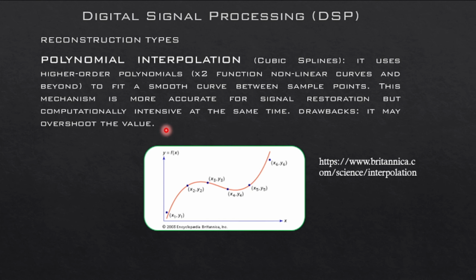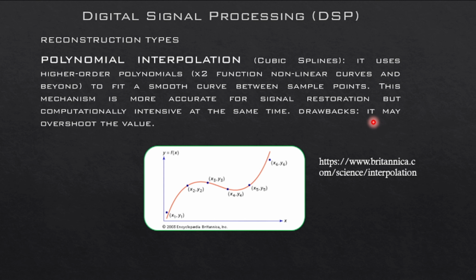Drawbacks: it may overshoot the value, meaning that when the curve is more bumpy than required, you might overshoot the original value in between because the curve is too high or too low.